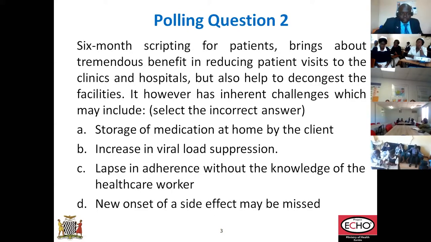A, storage of medication at home by the client. B, increase in viral load suppression. C, lapse in adherence without knowledge of the healthcare worker. D, new onset of a side effect may be missed. So you are encouraged to pick the incorrect answer, not the correct answer. So which one is incorrect?